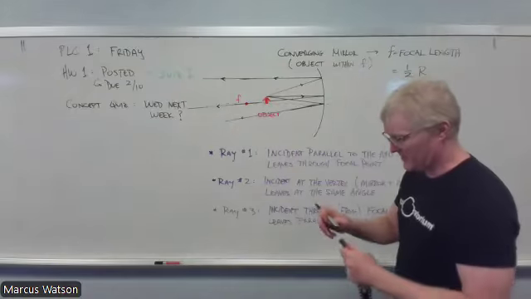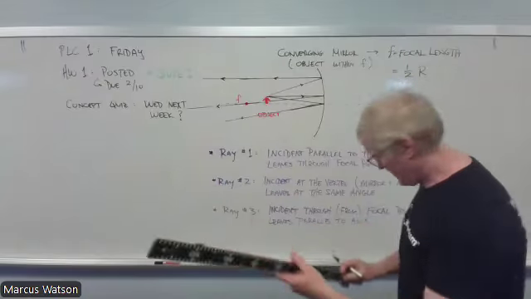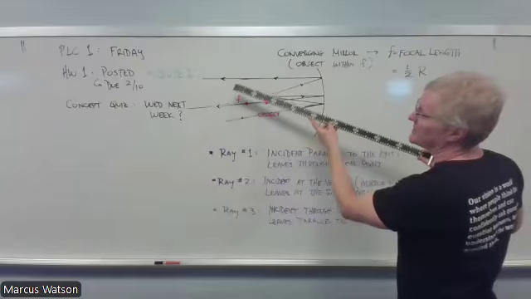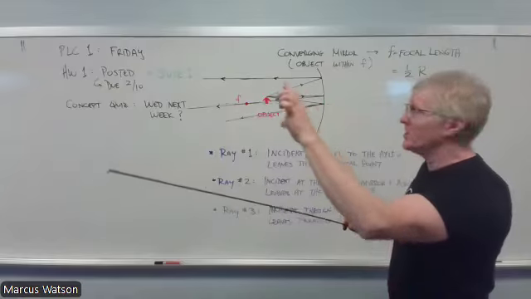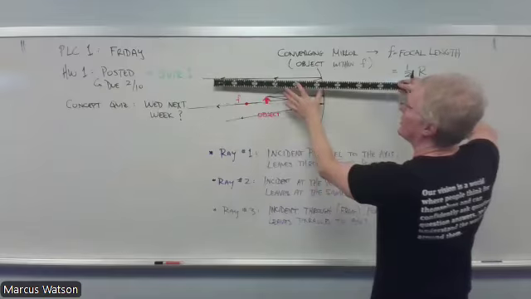Let's do this. I am going to catch these diverging rays in my eye. My brain's going to say, where'd they come from? Imagine there's a point back here from which they all came.